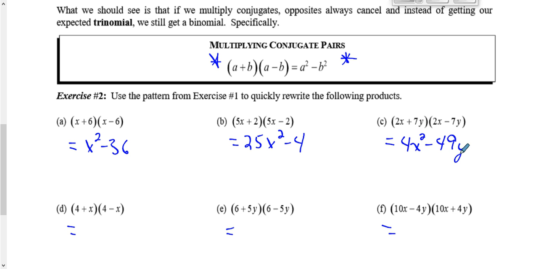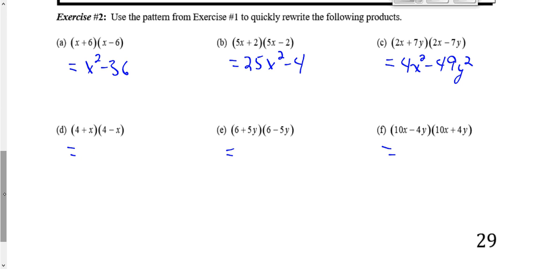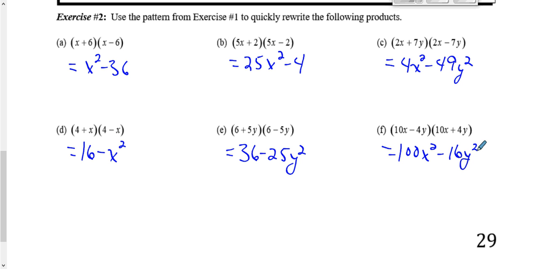There we go. You guys are all over this. How about for D? 16 minus x squared. Mm-hmm. E? 36 minus 25y squared. Wow. And then 100x squared minus 16y squared.